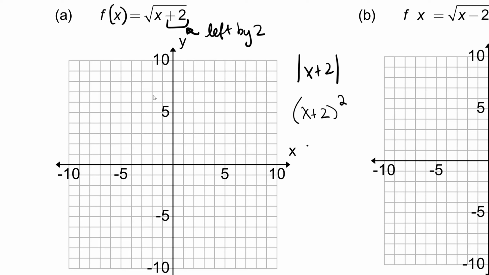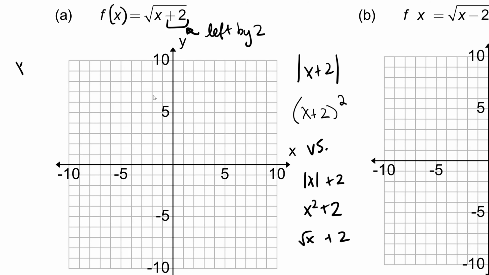Versus if I had absolute value of x plus 2, x squared plus 2, or square root of x plus 2 with the 2 outside, it's vertical. Inside it is horizontal. Remember this? This is why I say it the same way every time, so it really ingrains in your brain. So if everything is left by 2, all I do is shift the graph left by 2. It's the same points.